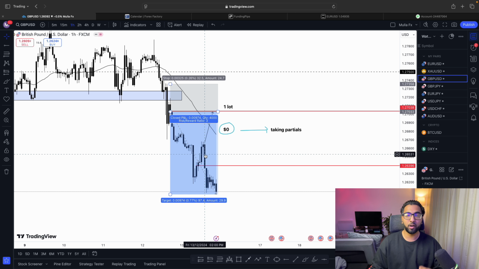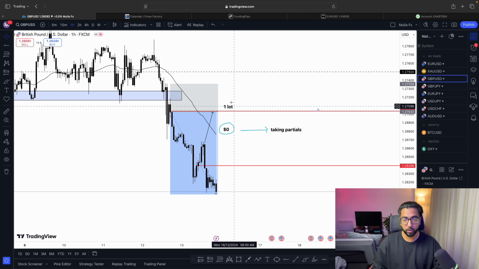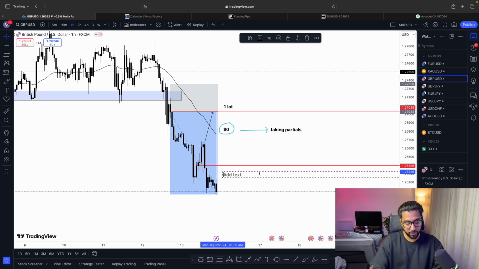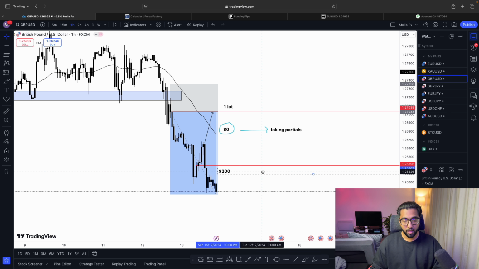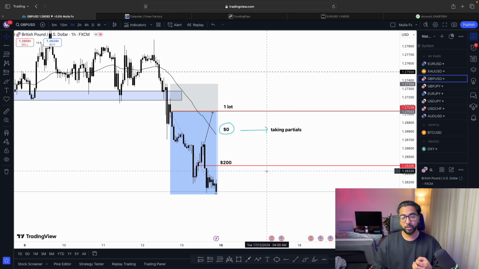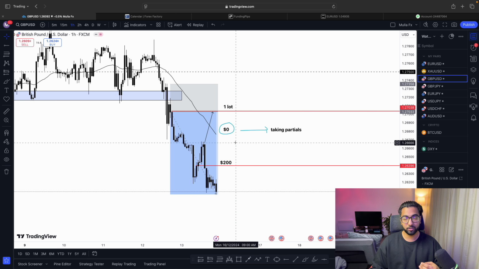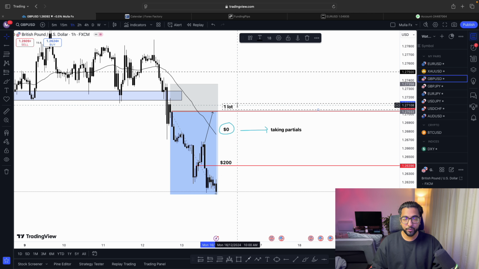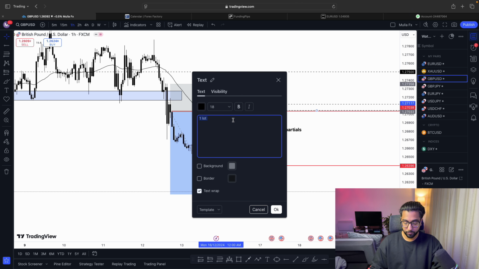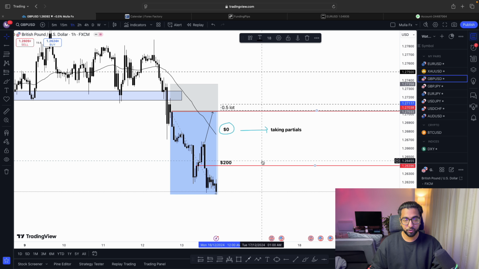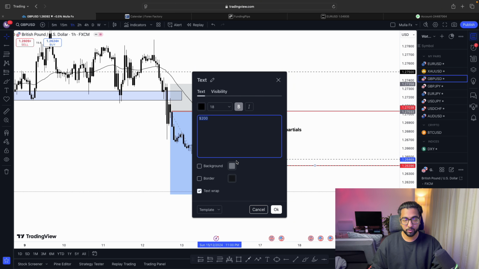I'll probably take half of my position size, turning this trade into not one lot. So let's say the trade is up around over there is like $200. Okay, for example, instead of me closing at $200, I'll be closing at $100, and then it will lower this lot to 0.5 lot. And then now I've secured in my bank account, so right now we're floating $100.